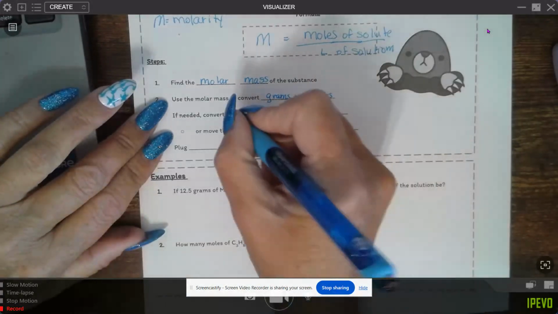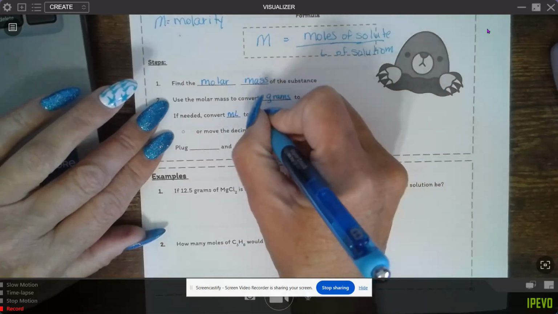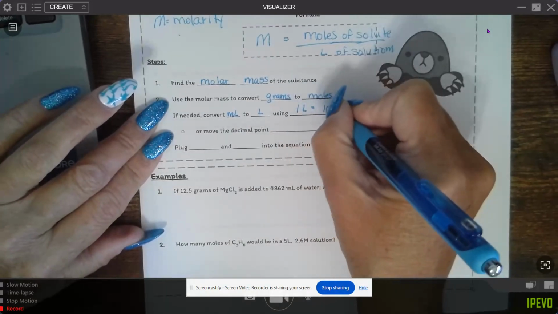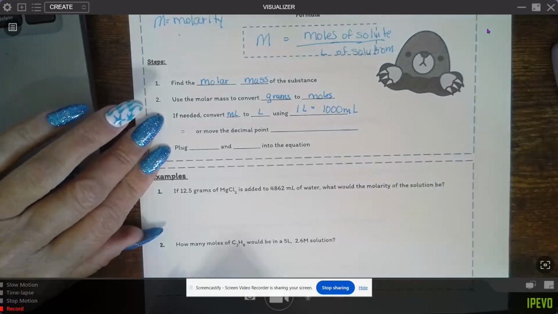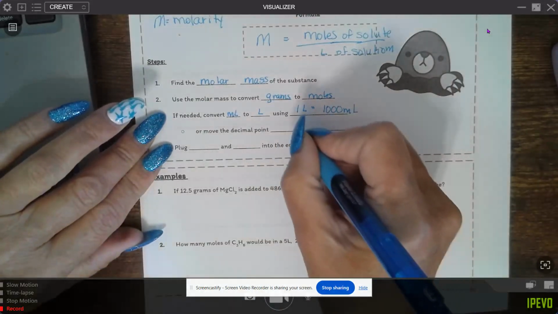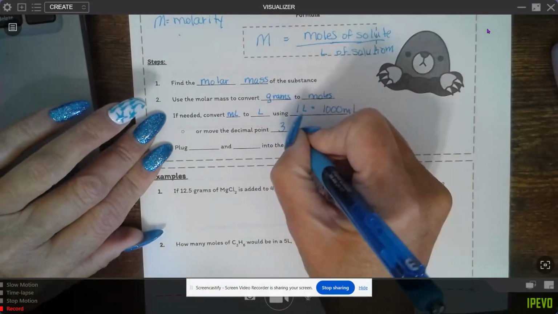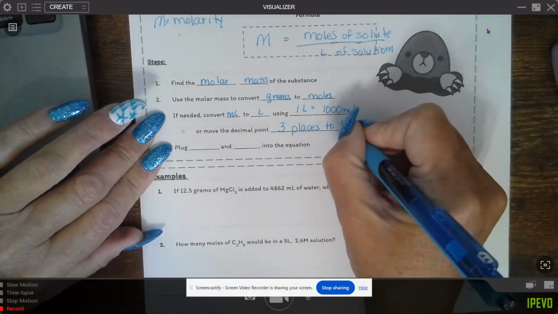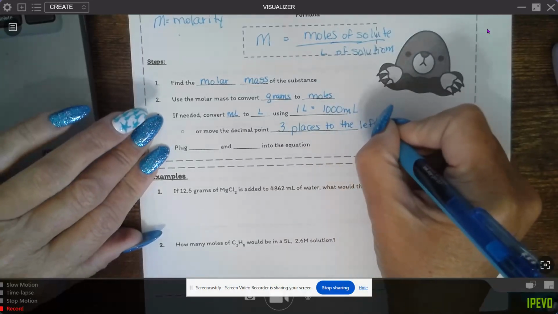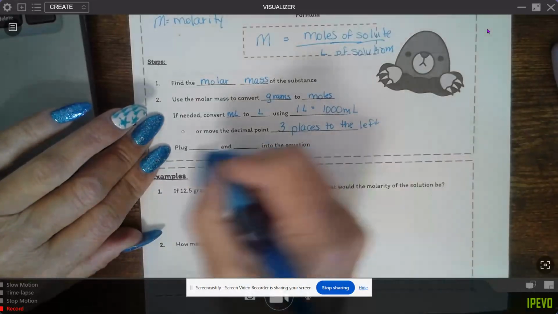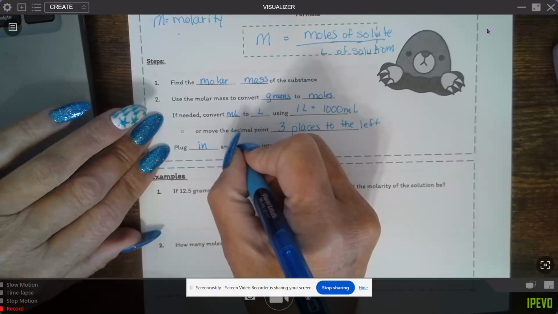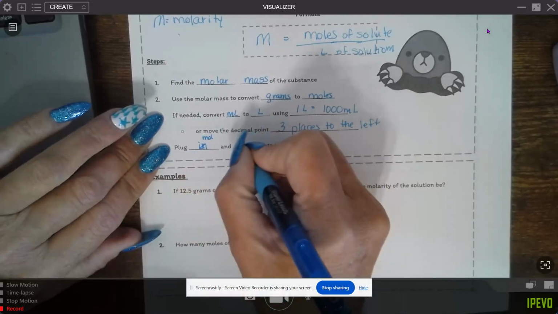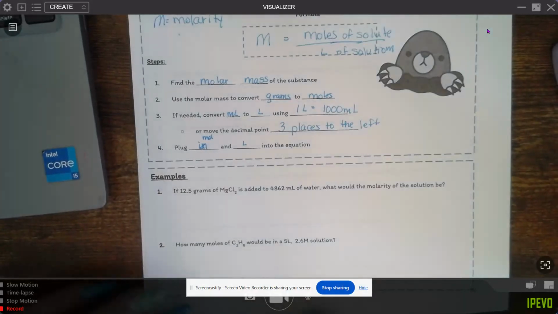Sometimes we need to convert milliliters to liters. 1 liter is equal to 1,000 milliliters. If we don't want to do a conversion, we can just move the decimal place 3 places to the left. Then you're going to plug moles and liters into the equation. So let's take a look at what that looks like.